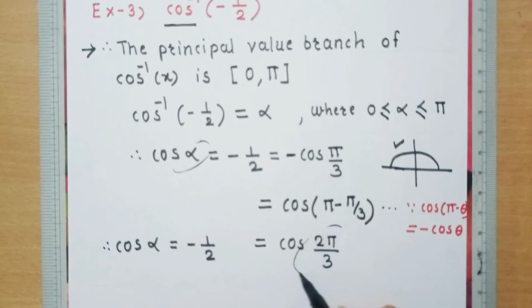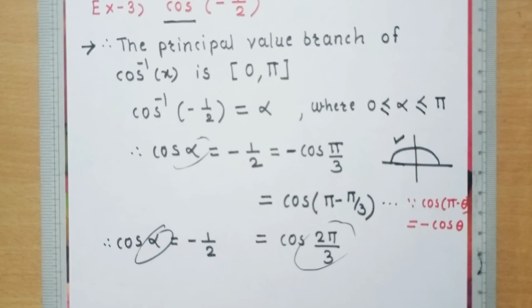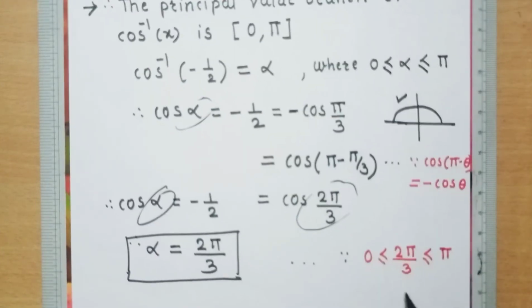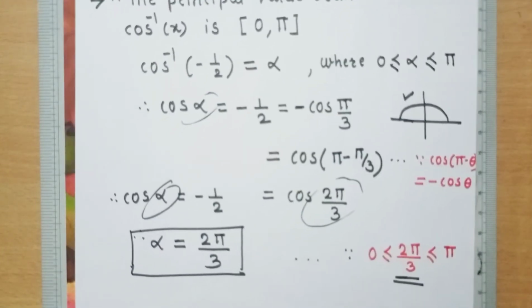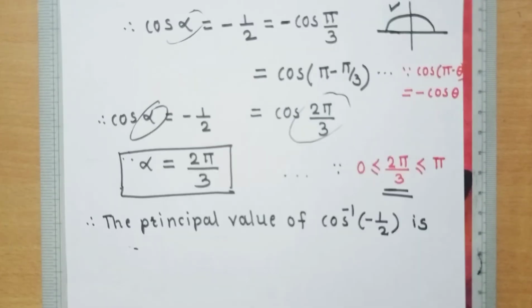Since this angle lies in 0 to pi, alpha is equal to 2 pi by 3, and therefore the principal value of the given example is 2 pi by 3.